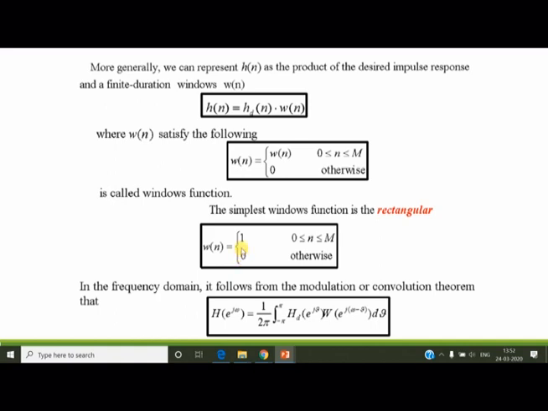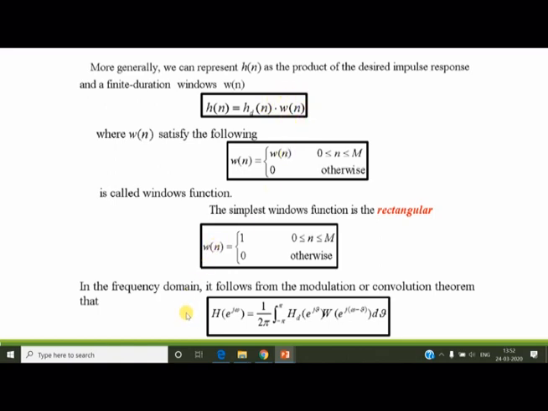So when we multiply this window function with h_D[n] in the time domain, this multiplication will lead to convolution in the frequency domain, and the convolution will be between H_D of omega and W of omega.